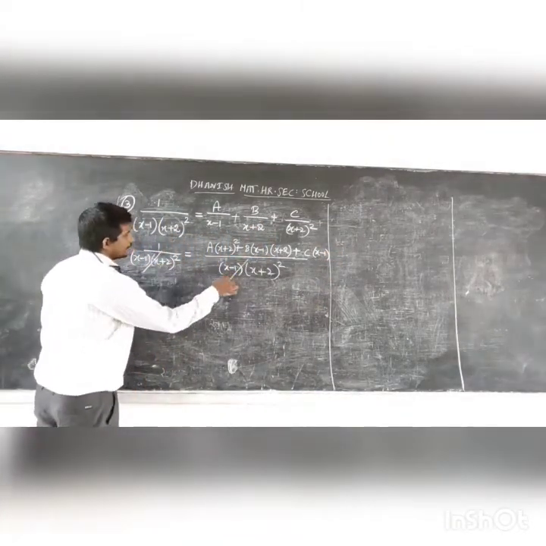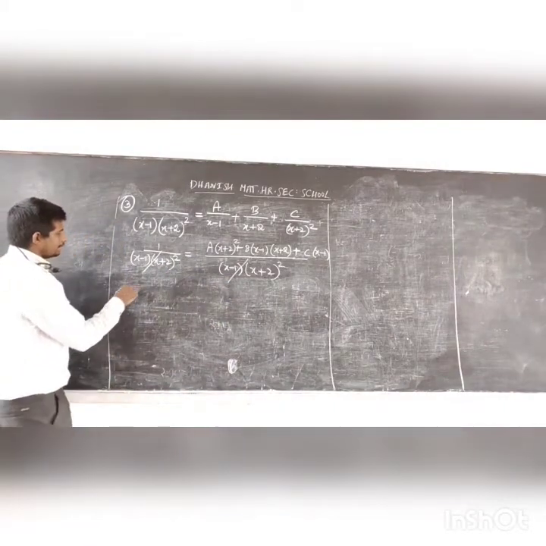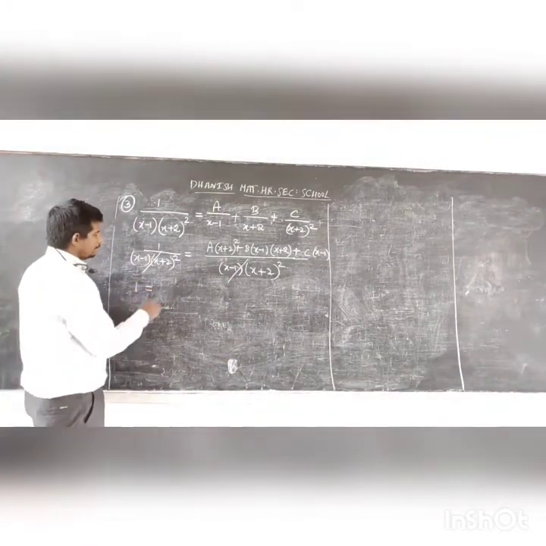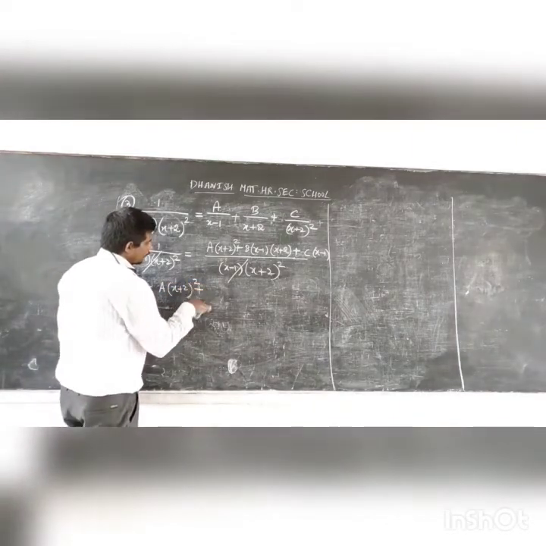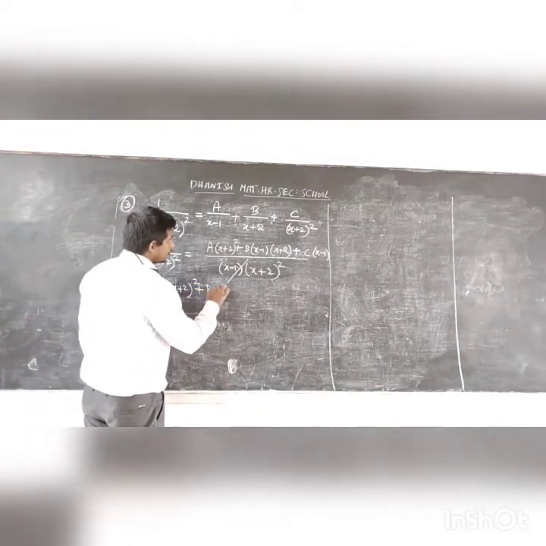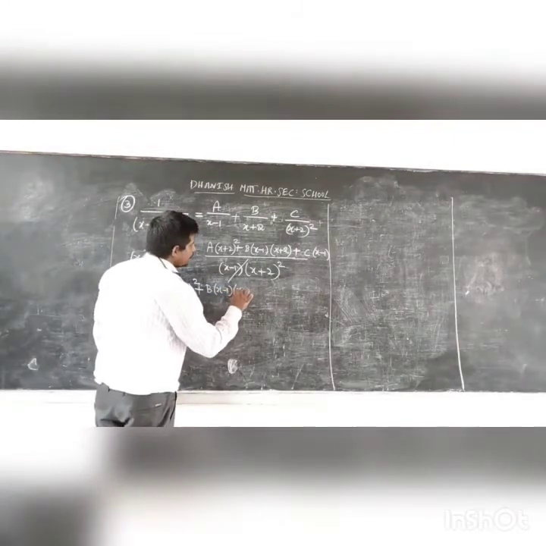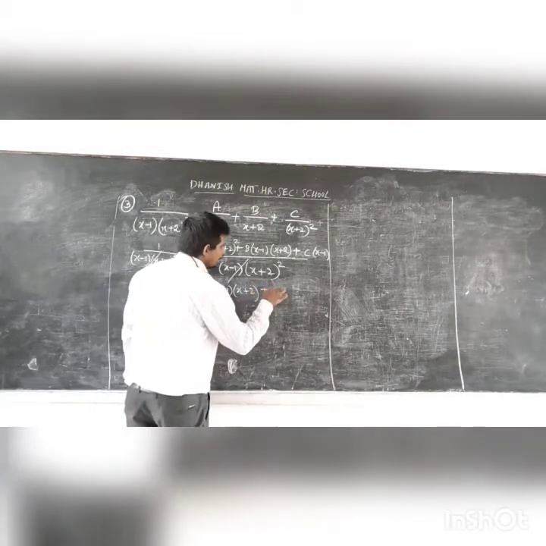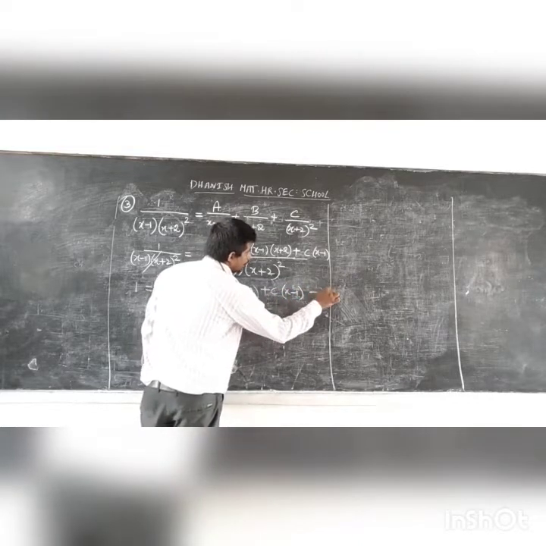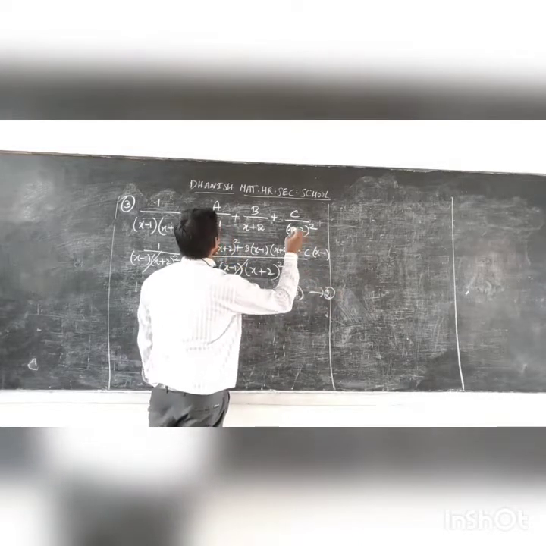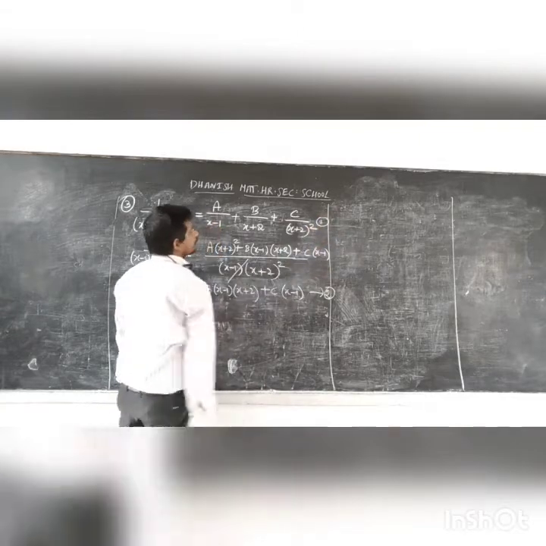So the denominators will get cancelled. For the remaining, 1 equal to a into x plus 2 whole square plus b into x minus 1 into x plus 2 plus c into x minus 1. You can consider this as equation number 1.